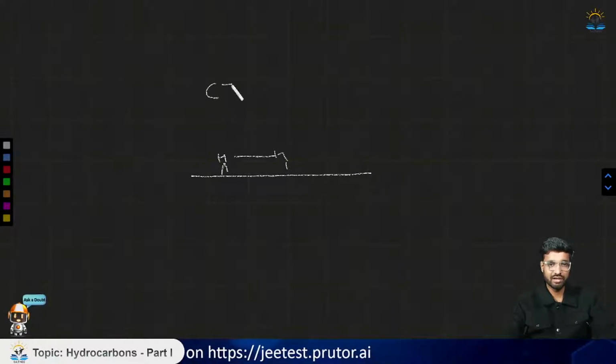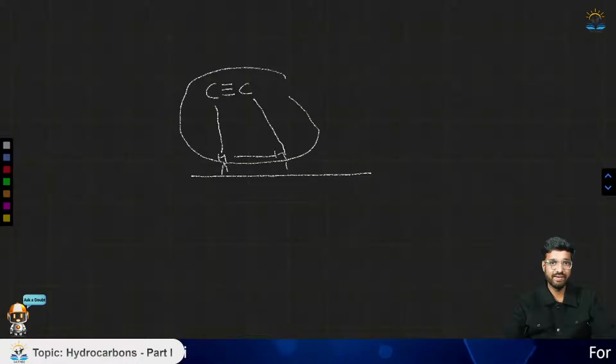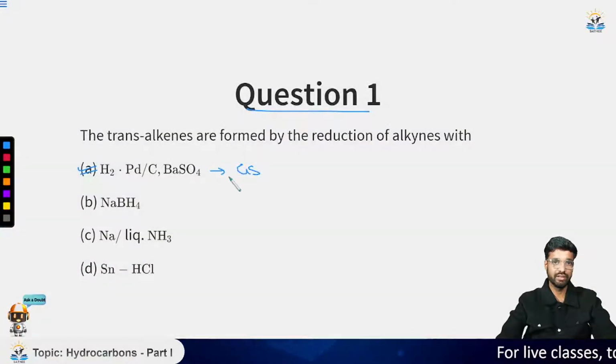Now if an alkyne comes here, it reacts and both of these H are added, and we get a type of activated complex, and both H are added on the same side. So it gives us a cis kind of alkene.